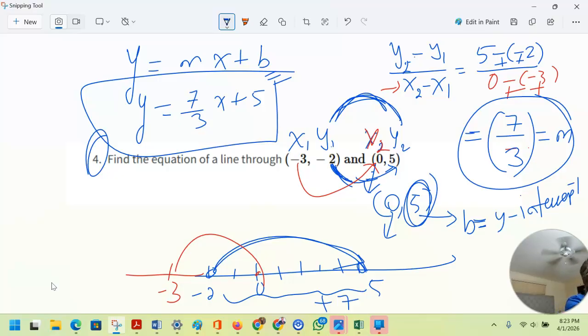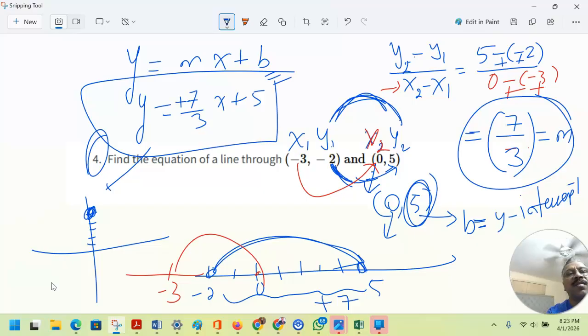If you want to graph, you can also. There are more problems, and the graphing part is there, but because of the time, I'm just saying that it starts at 5 here, 1, 2, 3, 4, 5. And there's +7 and +3. For 3 run, you go 7 up. But because of the green, if you go to the right, 2 and 3, I don't have room to go up, right?